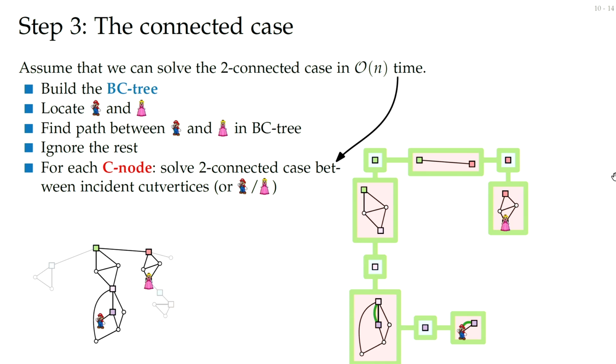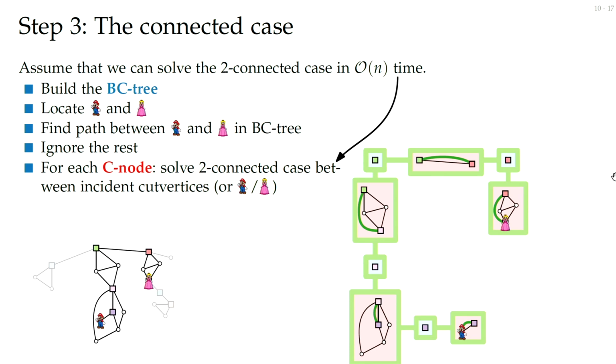We want to go from one cut vertex to the other, one cut vertex to the other, and finally from the last cut vertex to Peach. So we always want to start either with Mario or Peach, or we have to go to the cut vertex, and the cut vertices between which we want to walk are just those that we have here on the path. So we insert all these edges.